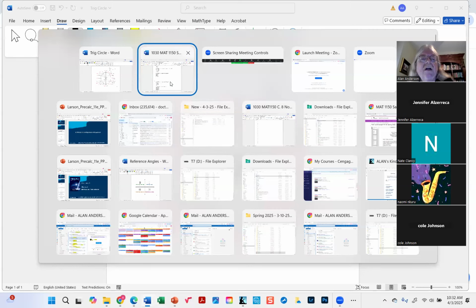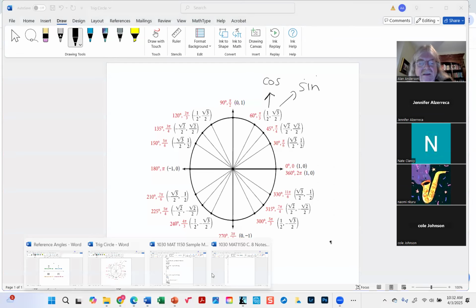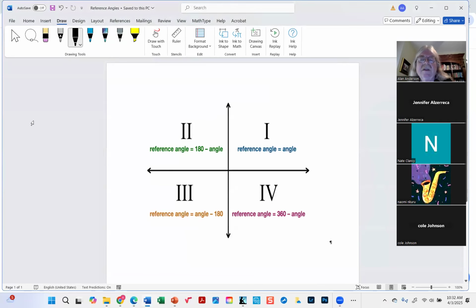We have another graph here somewhere, which, God, I've got so much stuff open here. Where's that thing? Here it is. Okay, so this tells you, depending on what quadrant you're in, how to calculate the reference angle. And I do want to point out that this can be used for both degrees and for radians. If you remember the identity, pi radians equals 180 degrees.